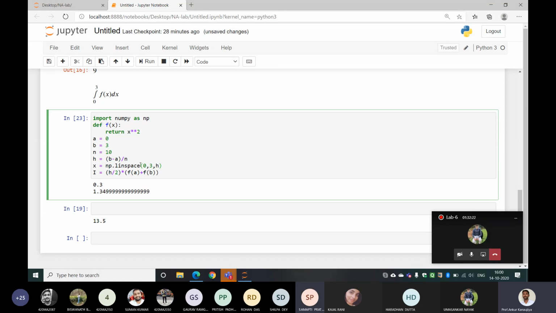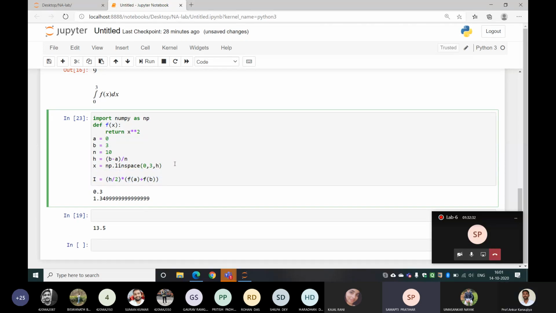Is it correct? 0 to 3 plus h. No, sir, 0 to 3 was correct. Okay, let us see what is correct and what is not. Print x. What I am trying to do is divide the interval into n equal parts, from x0 to x10. Let us see what x is.